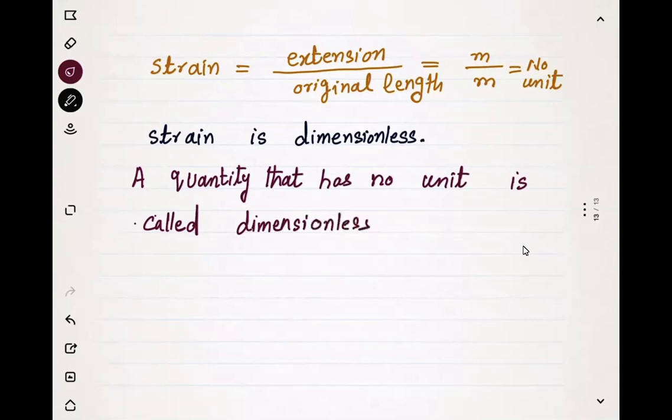A quantity with no unit is called a dimensionless quantity. That's why strain is a dimensionless quantity.